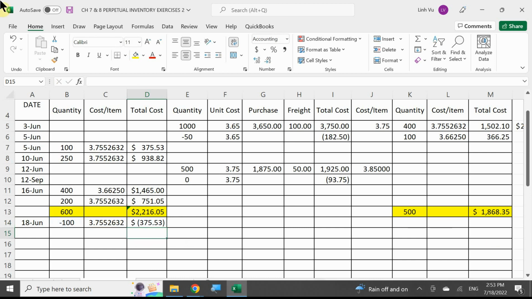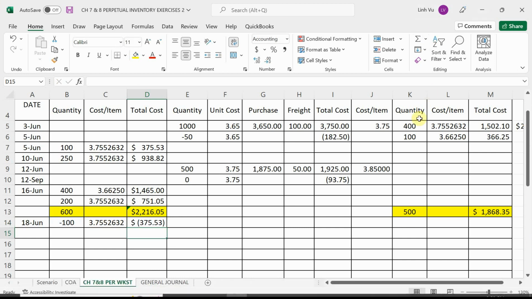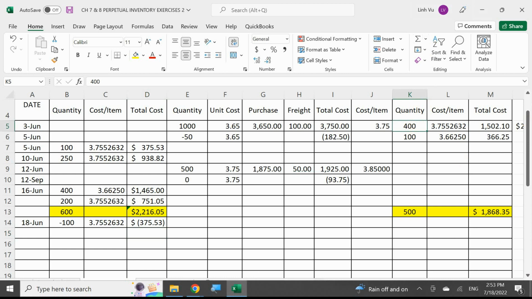375 and 53 cents. So in this case, I need to add it back into my inventory. So I don't have 400, I have 500 left.